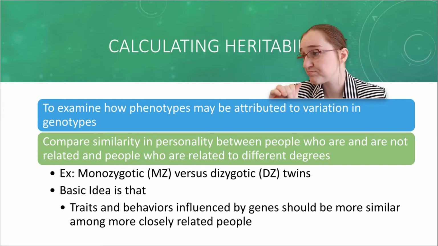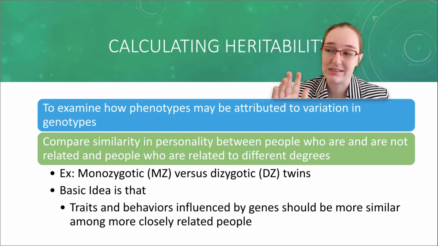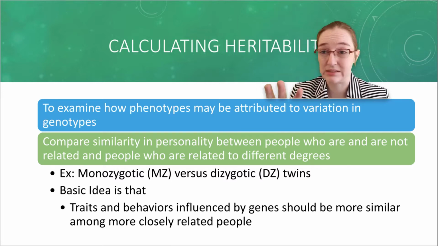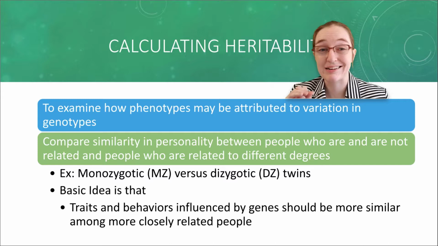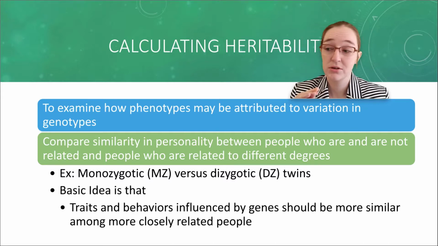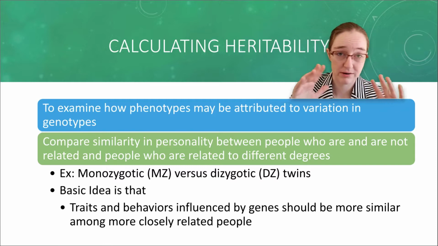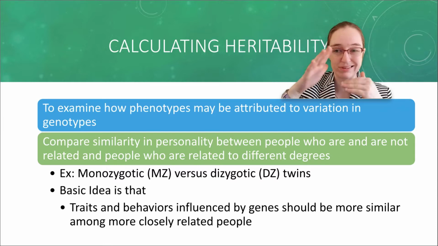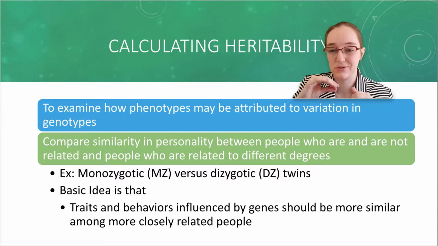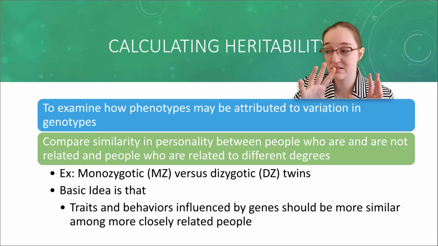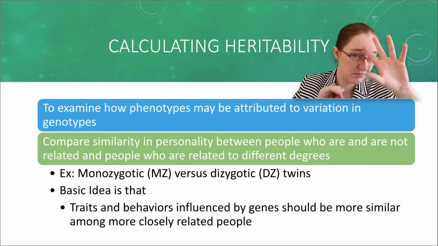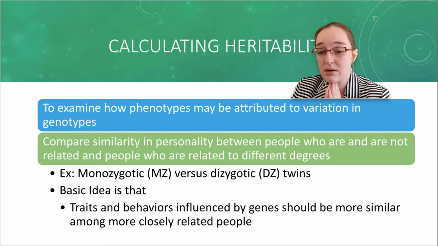So the basic idea, and all studies boil down to this, is that we compare similarity in whatever the trait is between people who are or are not related, as well as people who are related to different degrees. There are tons of built-in assumptions, and I'll talk a little about them in a couple of slides.